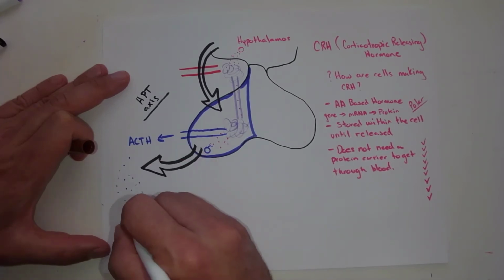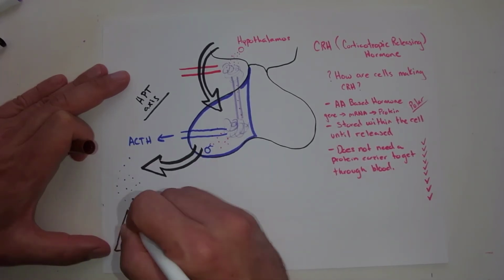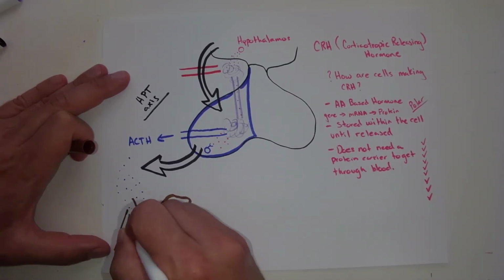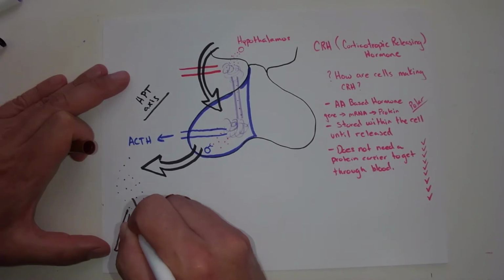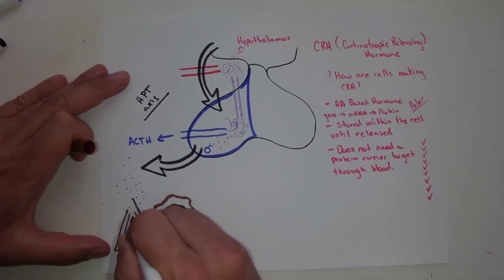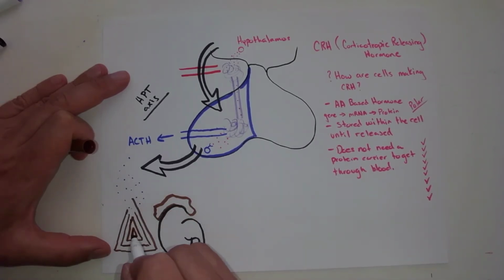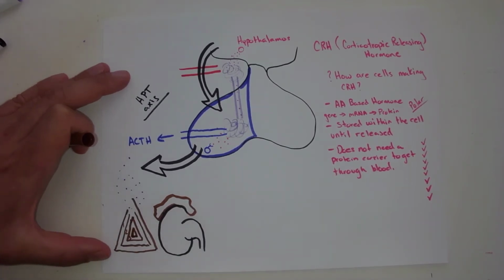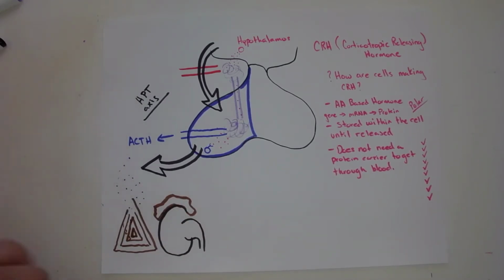ACTH is going to affect the 3 layers of the adrenal cortex, or the shell of this adrenal gland. Not the medulla, but 1, 2, 3 layers of the adrenal cortex. It is, after all, in its name. Now, I'm going to warn you of a little exception here.